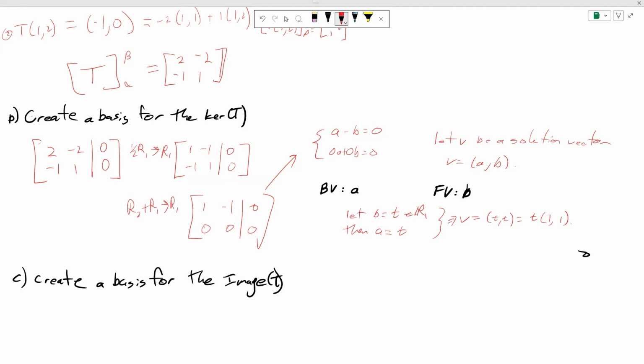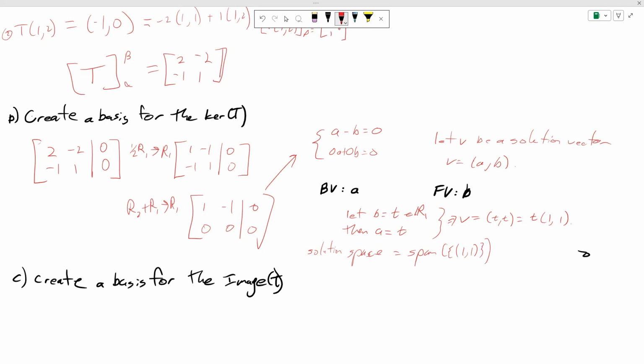So what does this vector (1, 1) represent, or what does T(1, 1) represent? Well, it means our solution space equals the span of the vector (1, 1). Now, those vectors are the coordinate vectors for the null space.